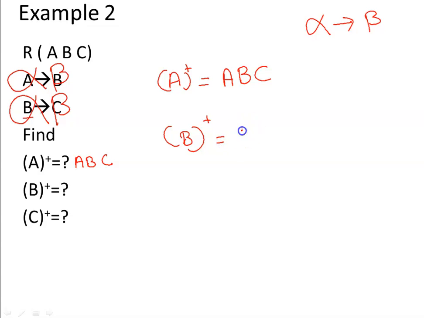The closure on B is B itself, and if you have B, you have C, so the closure on B is BC. What about the closure on C? The closure on C is C itself. So basically if you have A, you have all the other attributes. The closure on A is ABC.